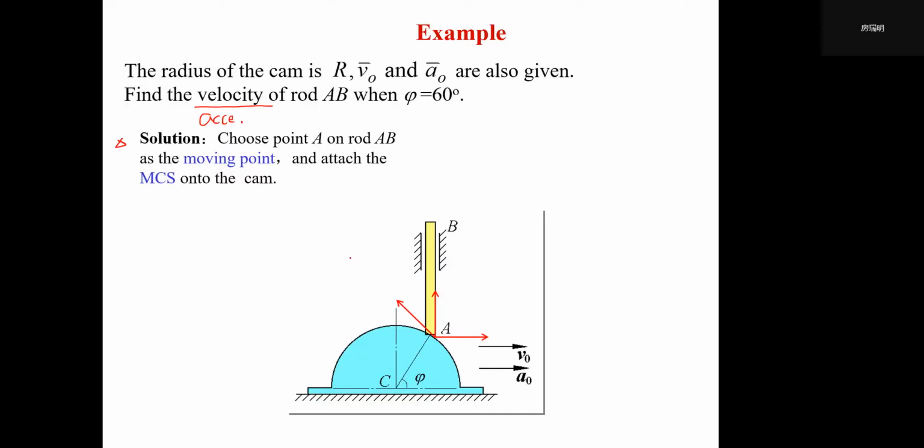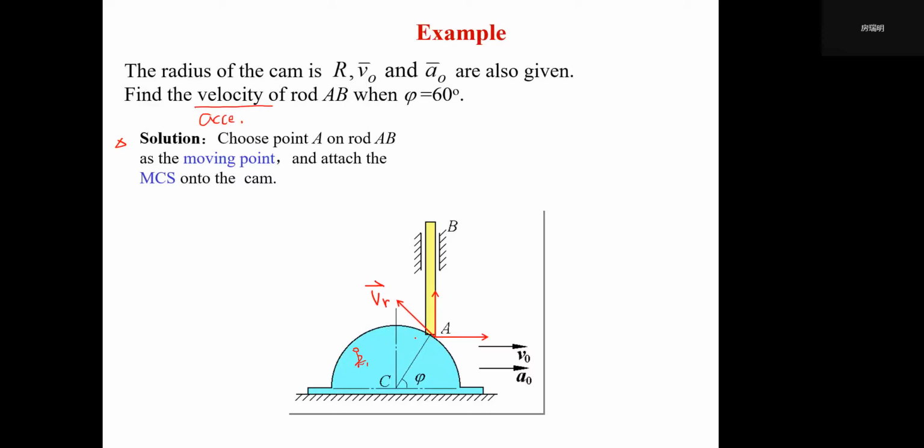This is a typical selection, because when we are sitting on the cam and look at the moving point A, it's very easy to find its relative velocity, right? It's relative motion.